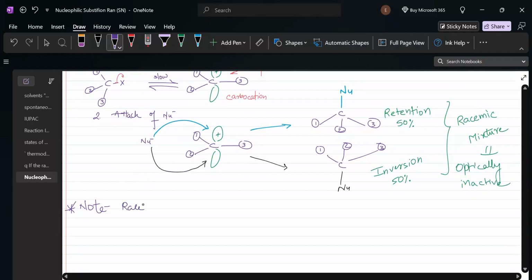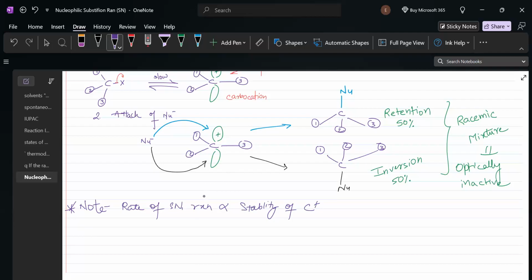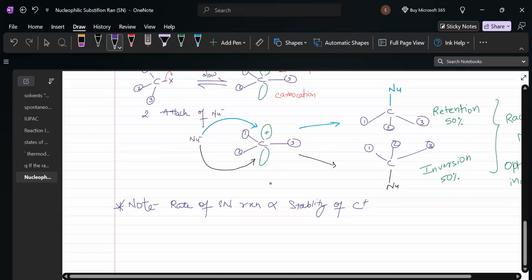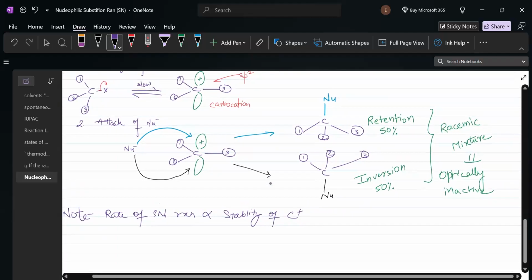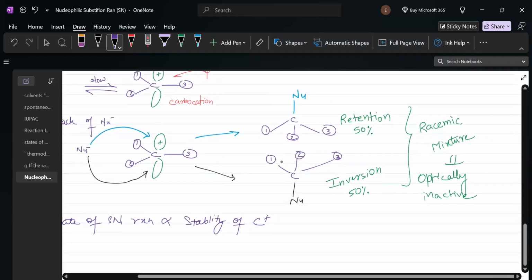So the rate of SN1 reaction is dependent on the stability of the carbocation. So the more stable the carbocation is, the more will be the rate of reaction. I think from the diagram you can see retention and inversion happen.